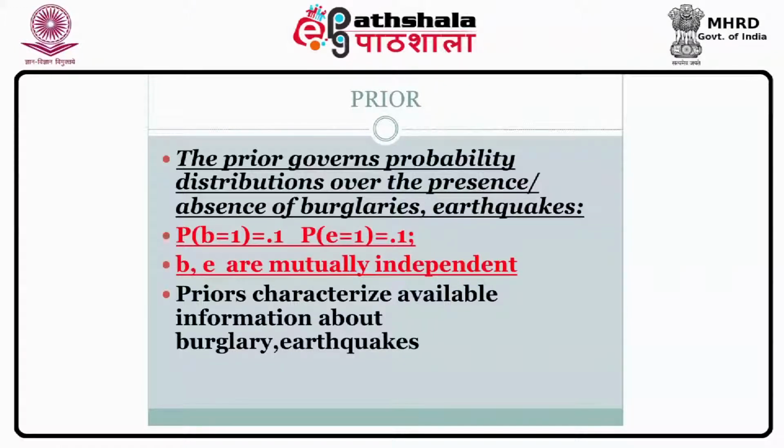Similarly, an earthquake occurs with probability 0.1. And we assume that there is no relation between burglary and earthquake, which is a very straightforward and natural assumption. The priors characterize available information about burglary and earthquakes.